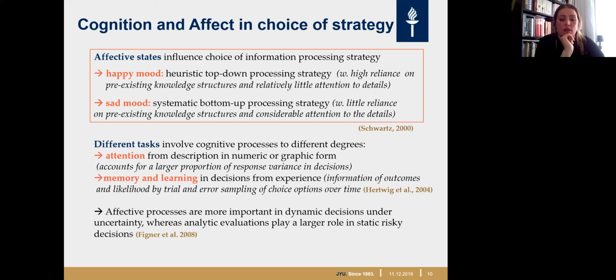Sad mood often is inhibited by systematic bottom-up processing strategy, so that we do not rely so much on understanding obtained through experience, but we focus on the details at hand.